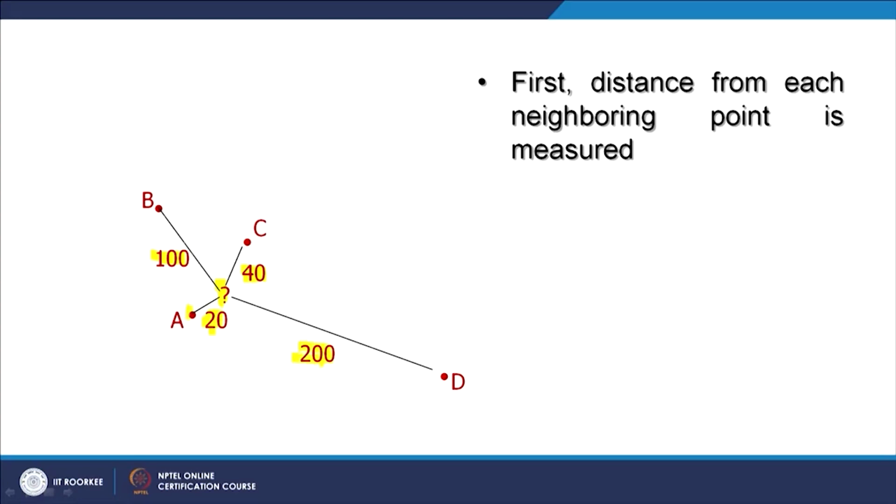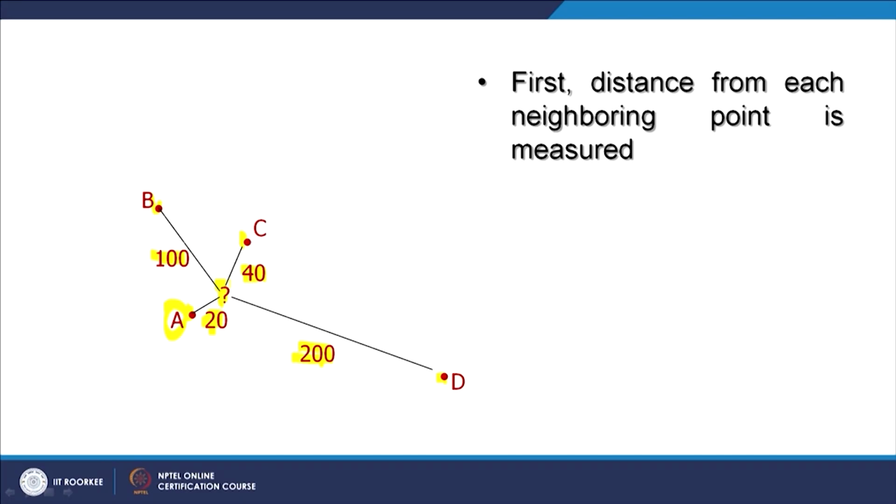For this unknown location I want to make a prediction. In this non-linear interpolation technique, especially IDW, the point having the minimum distance to the unknown location, point A, will carry the maximum weight while calculating the value for this unknown location.